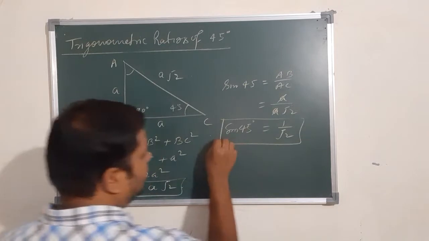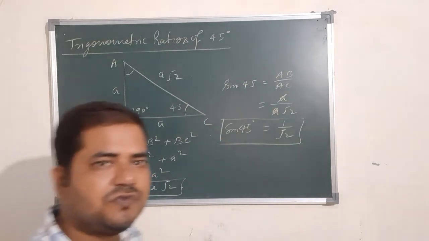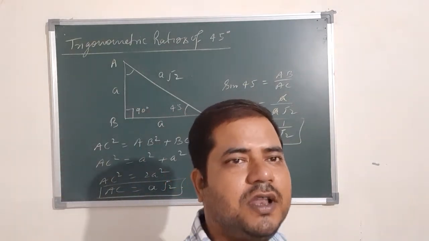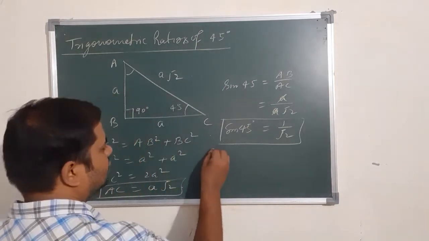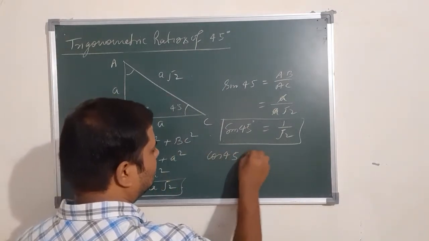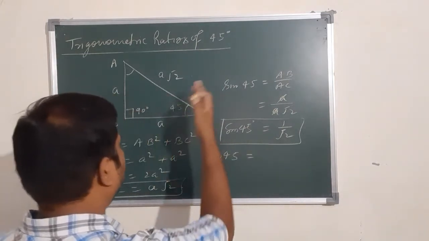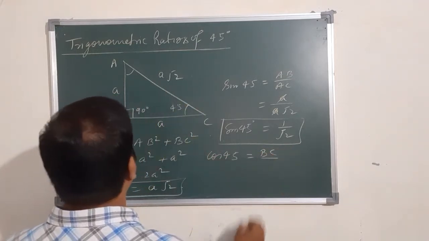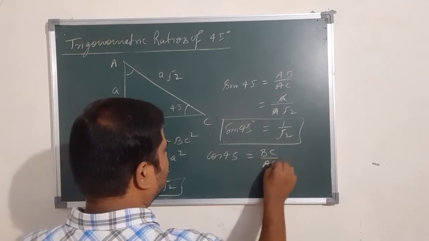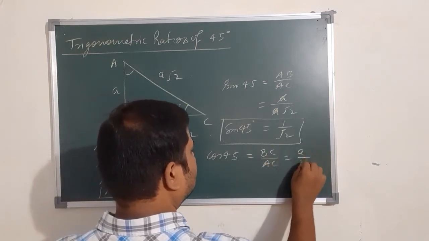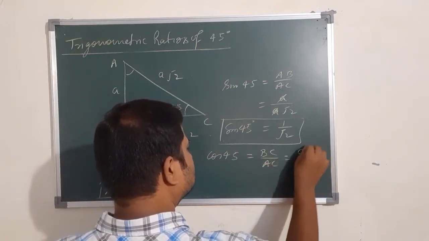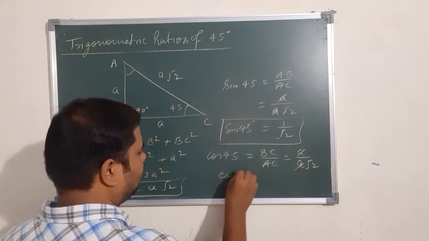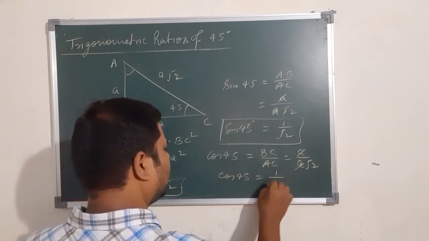Similarly, cos 45 is again base upon hypotenuse, so BC upon AC, and this is also A upon A root 2, this cancels out, so cos 45 is 1 upon root 2.